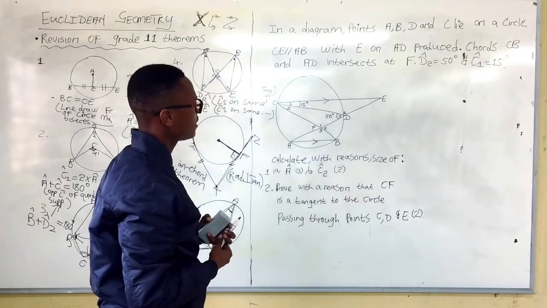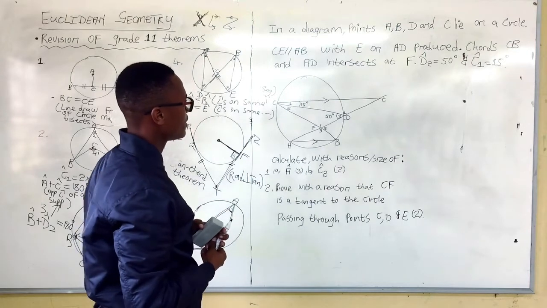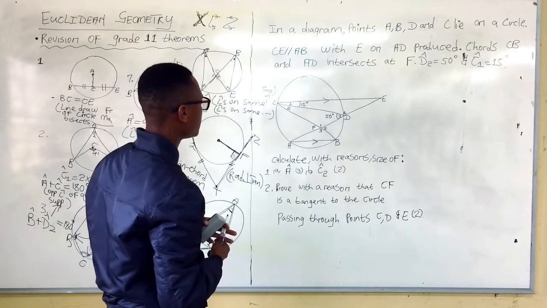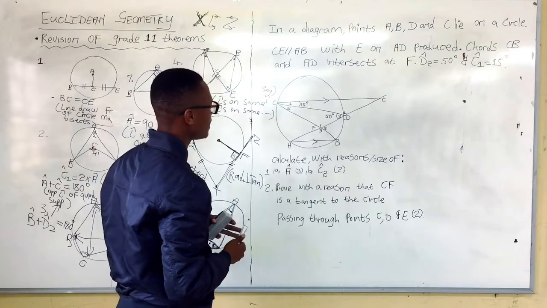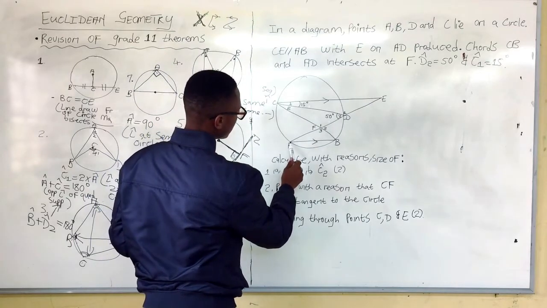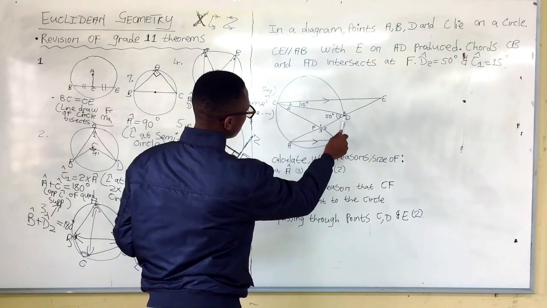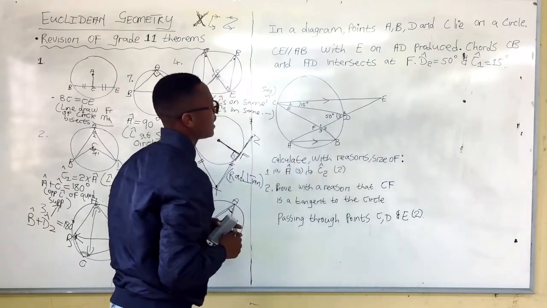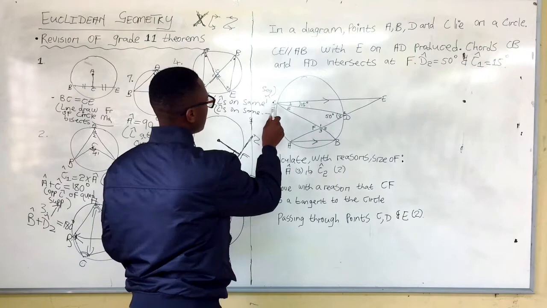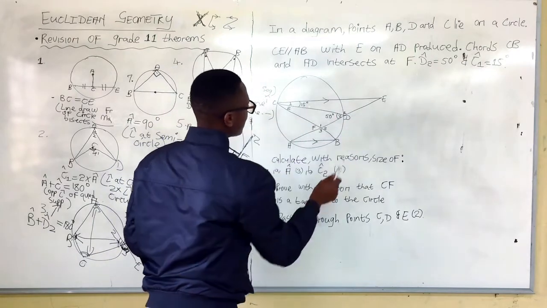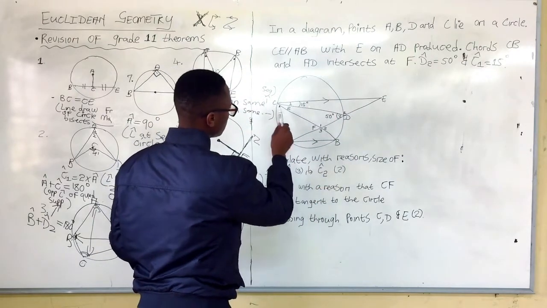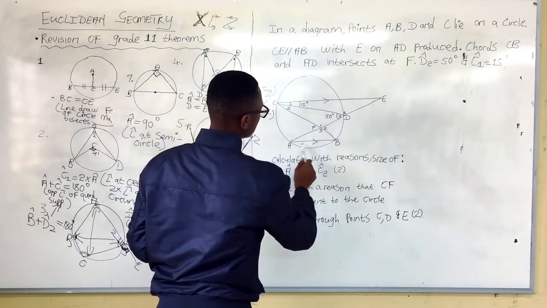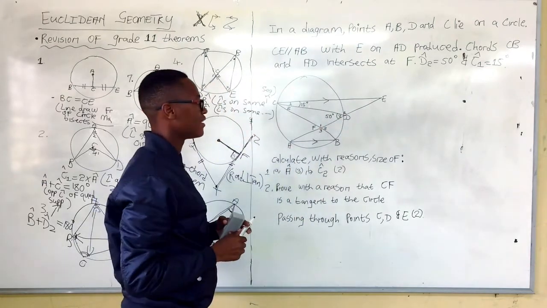This E is on line AD, so this point is produced from this line AD. And then it says that CE is parallel to AB. So these two lines are parallel to each other.